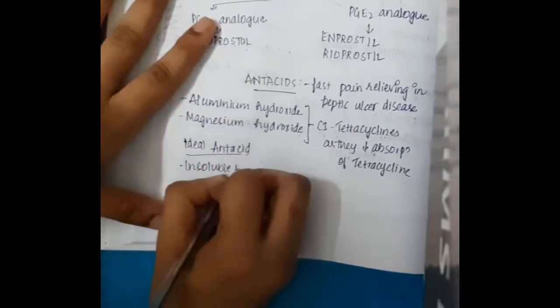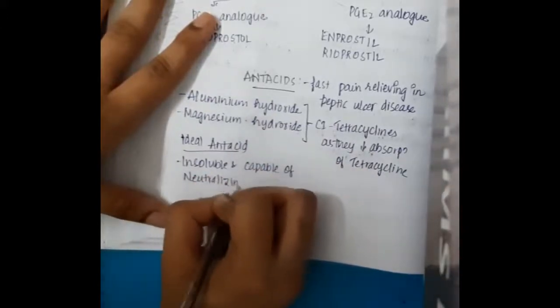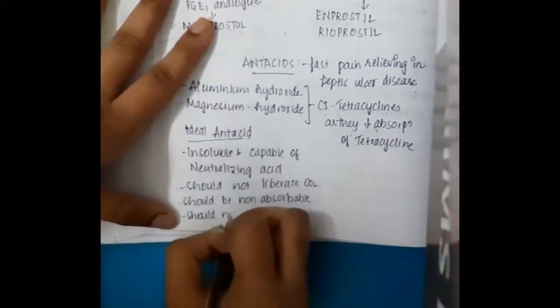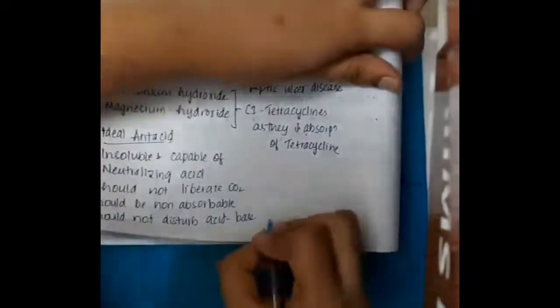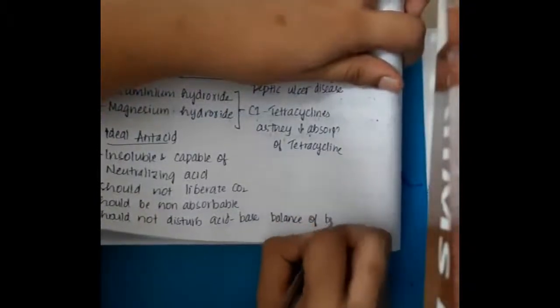An ideal antacid is insoluble and capable of neutralizing the acid. It should not liberate carbon dioxide, and it should be non-absorbable. An ideal antacid should not disturb the acid-base balance of the body.